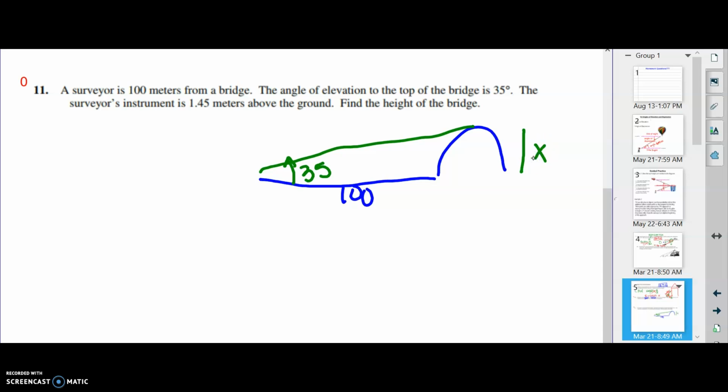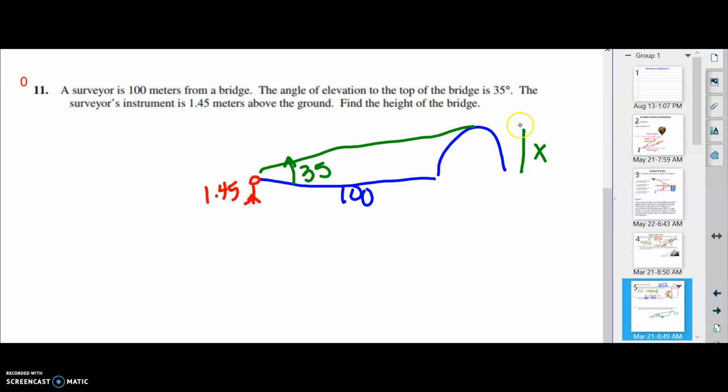However, that person measuring it was not measuring from the ground. They weren't lying on the ground with the device on the ground. It said the surveyor's instrument was 1.45 meters off the ground. So maybe they had a little device, a little tripod, 1.45 meters off the ground.